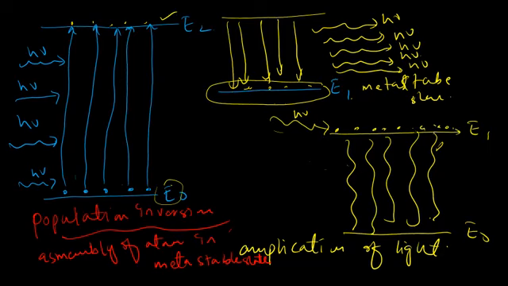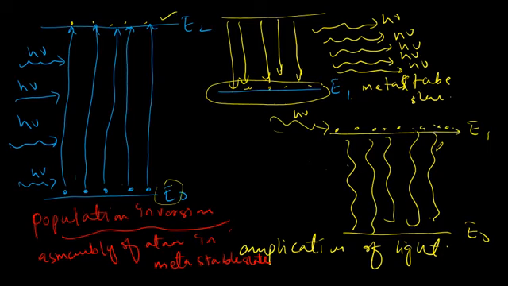So this is called population inversion when more atoms or molecules are in the metastable state as compared to the ground state.